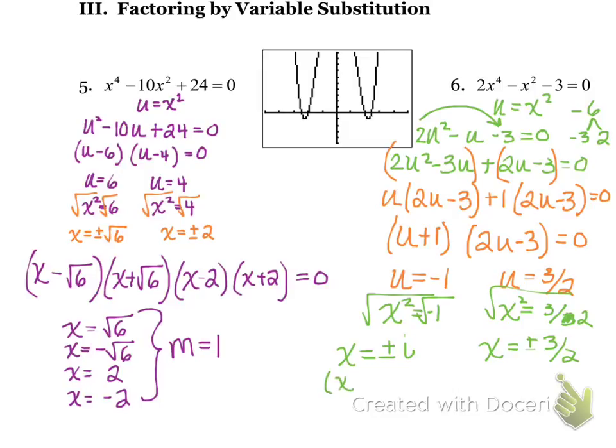Again, in factored form, that would be x minus i, x plus i, and then, sorry, I'm all over the place tonight, x minus root 3 halves and x plus root 3 halves.